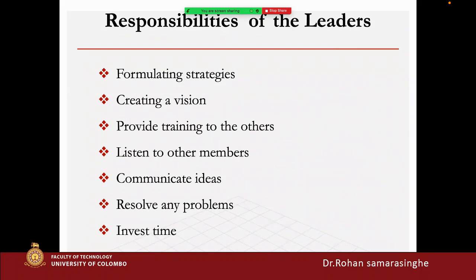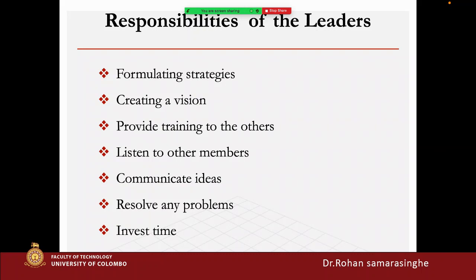And also, the leaders may have a set of responsibilities: formulating strategies, creating visions, providing training to the others, as well as listening to the other members and communicating the ideas. You are not going to implement only your idea.